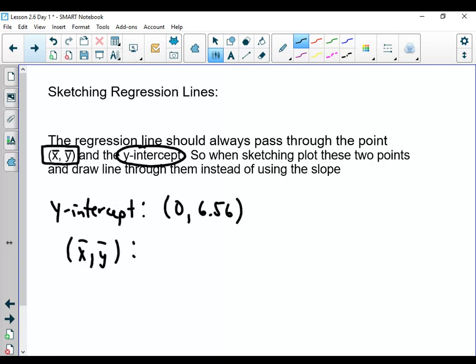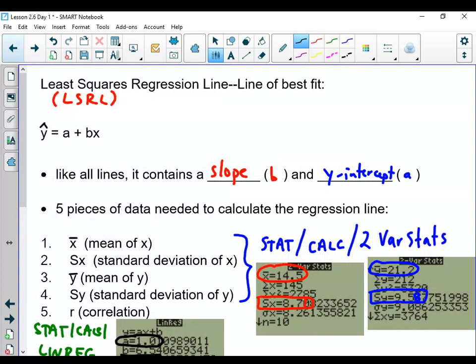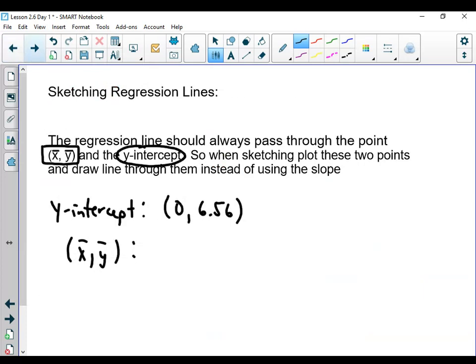For our problem we just did, x bar was 14.5, y bar was 21.2. So I'm going to plot the point 14.5, 21.2. And then technically to make a line, all I need is 2 points. So I'm going to draw a line that goes through those 2 points.